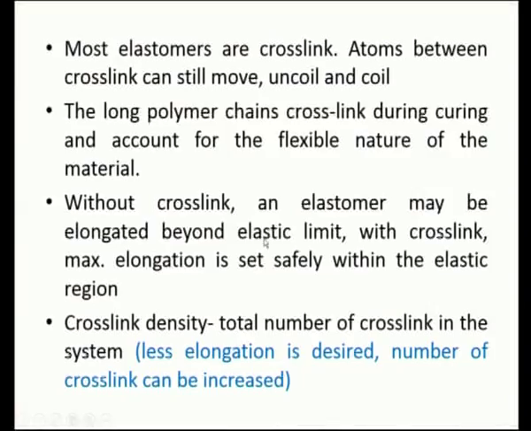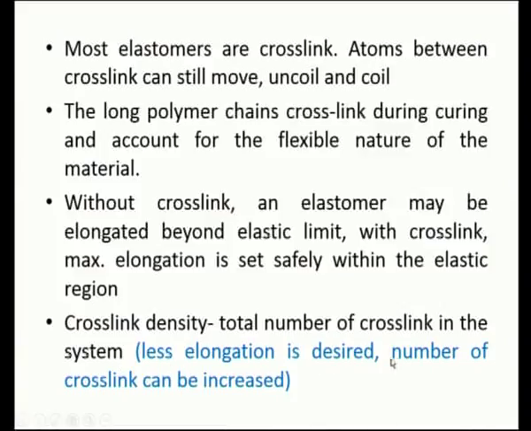So, if you do the cross linking, what will happen? The elasticity will be restricted in most cases. If you further increase the cross linking, the elasticity is completely blocked, that is what is mentioned here. Beyond the elasticity limit, the cross linking may not allow it. The cross link density is the total number of cross links in the system.